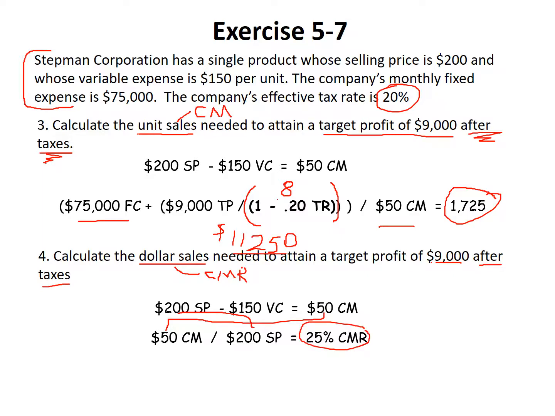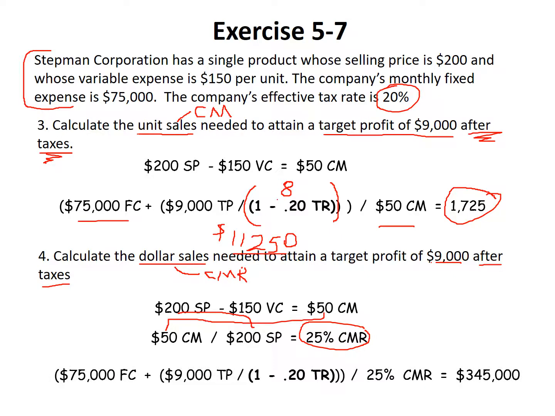Now again, our formula has to take into account that we need not only to cover our fixed costs, but in order to earn that target net profit, we have to adjust it by our tax rate. So we take our target net profit divided by 1 minus our tax rate, so 1 minus 0.2, which is 0.8.